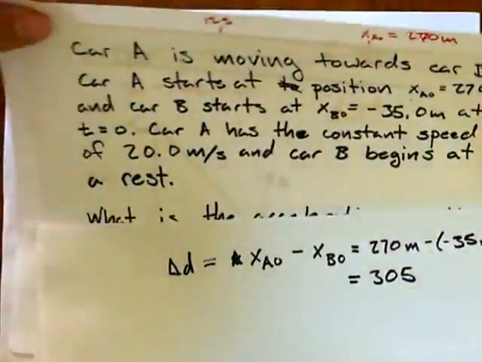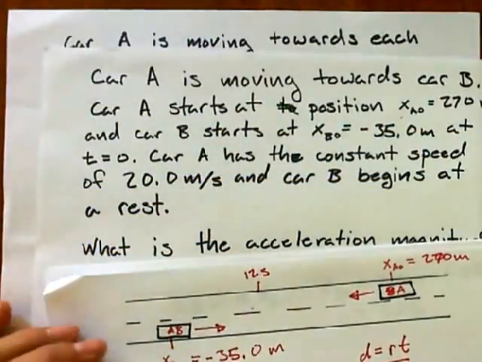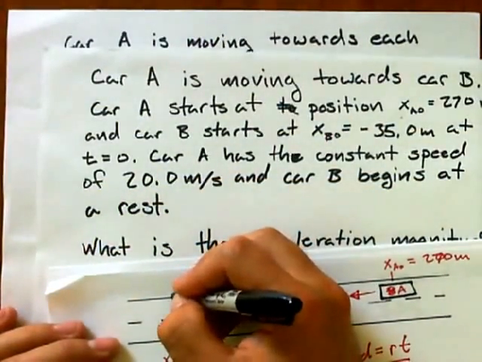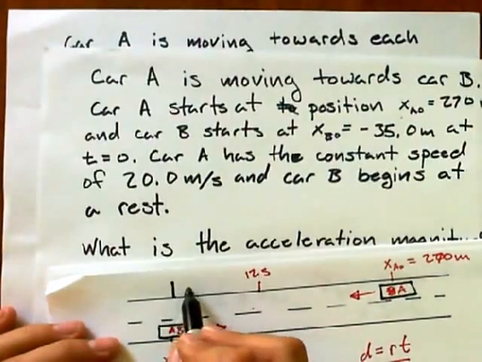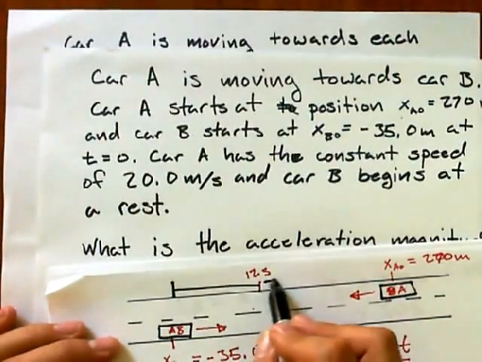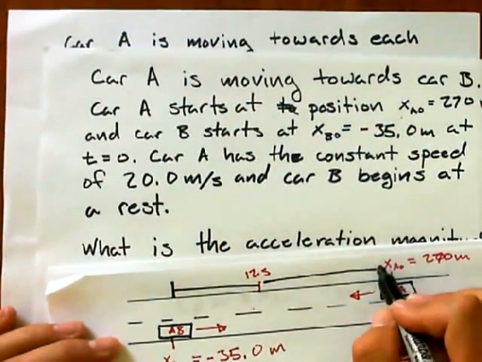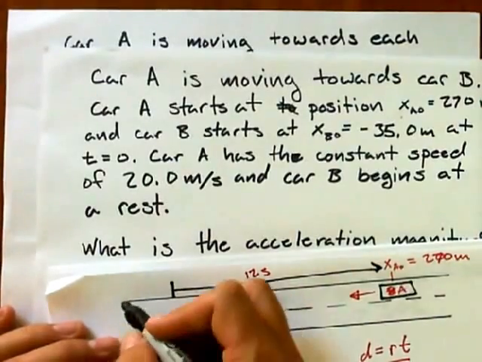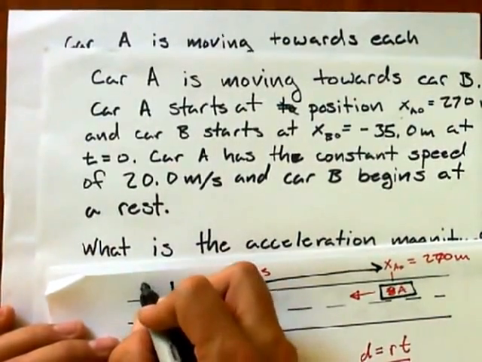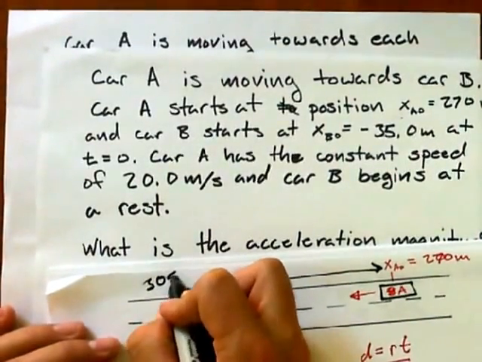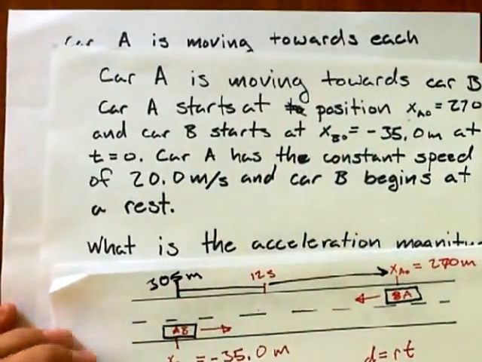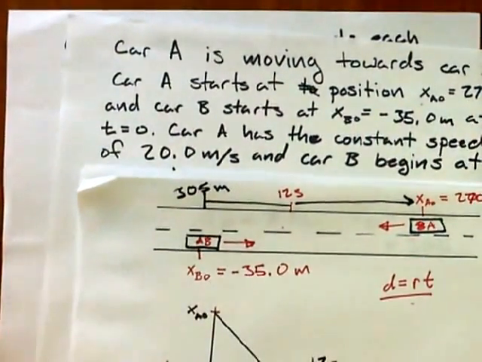So now we know the distance between here all the way to here is 305 meters. Okay, let's get up in the middle a little more.